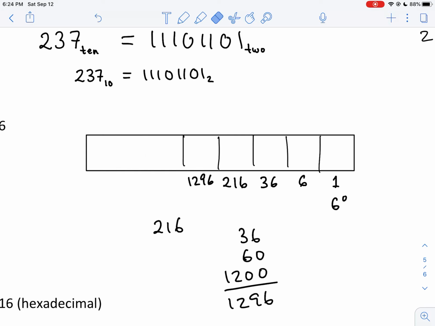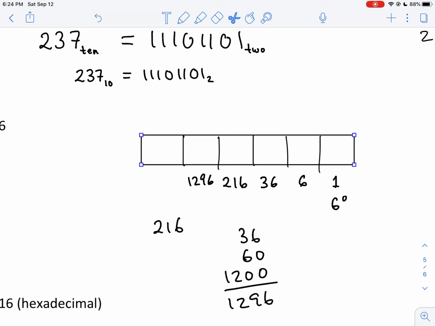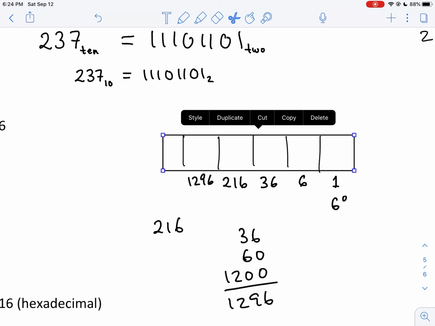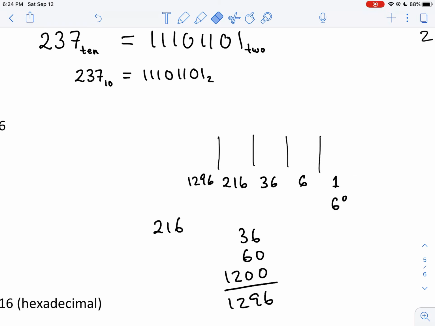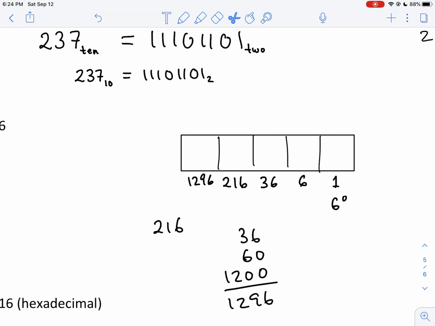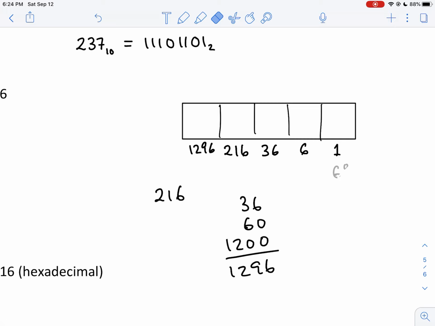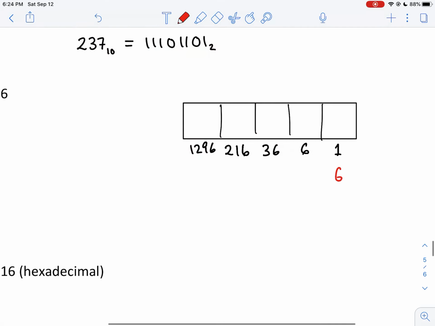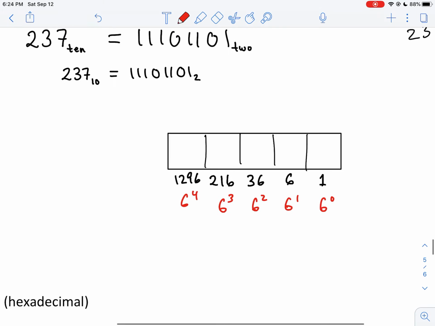And I really don't need any boxes past that. Right, so let's stop our table at that box. And just for the sake of notes, remember this is the 6 to the 0s, the 6 to the 1s, the 6 squares, the 6 cubes, and the 6 to the 4th.